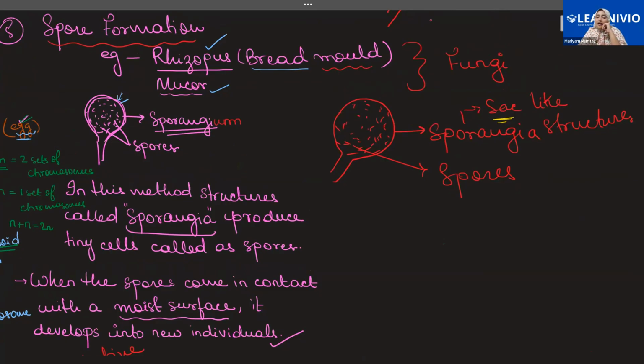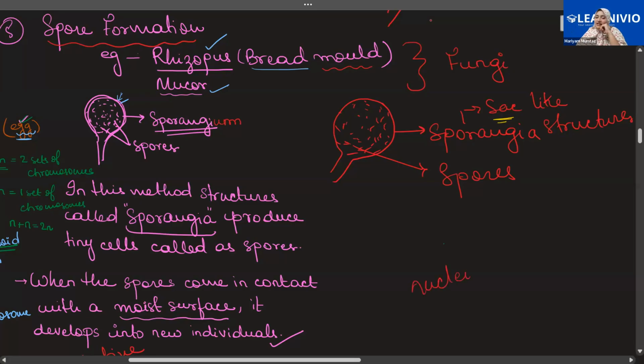And anything that ends in a, like sporangia, flagella, bacteria, means plural. Similarly, nucleus is singular and nuclei is plural.